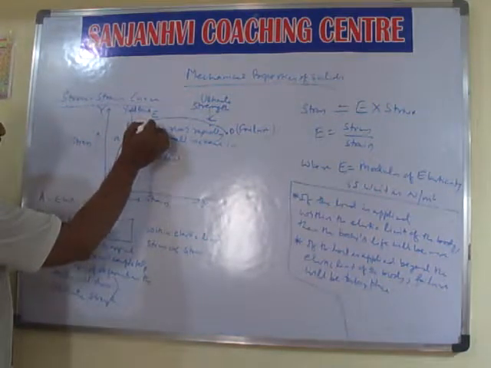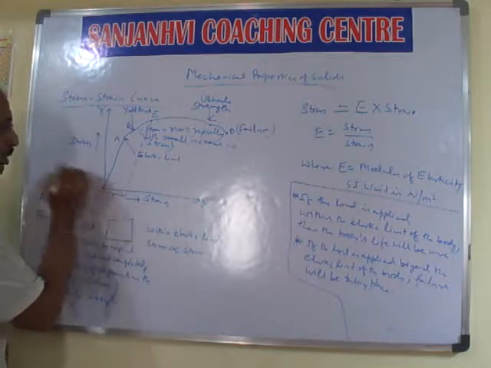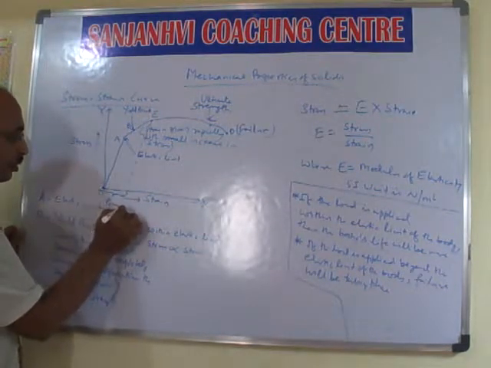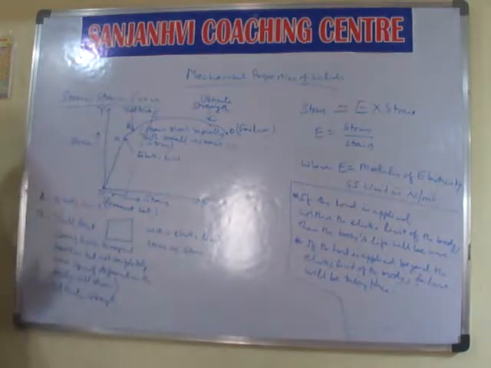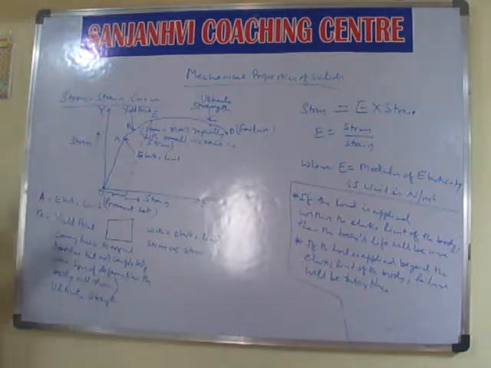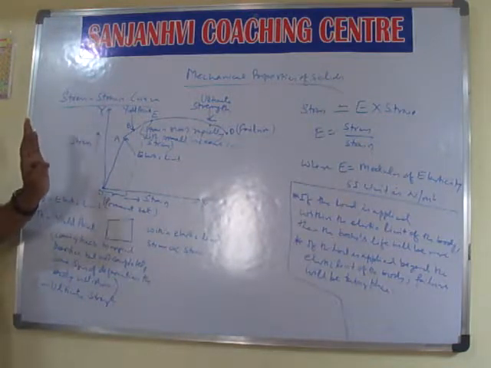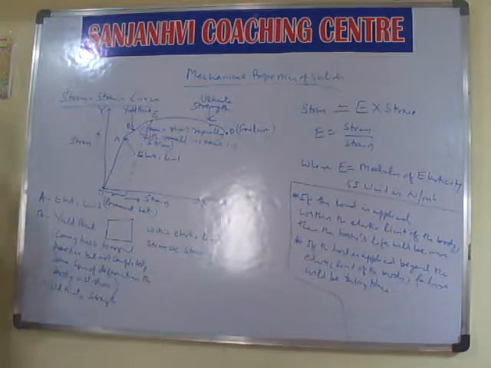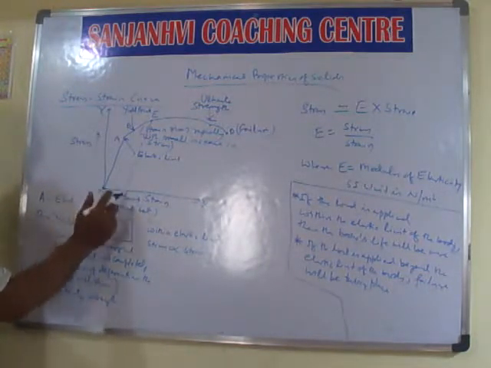This is called permanent set. Permanent set means permanent deformation. After the yield point, it will not come back to its original position. The deformation will be there permanently.